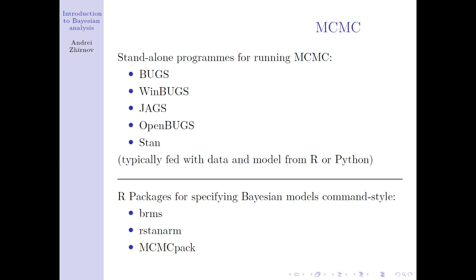You would start with R, use R to prepare your data set and to feed the data and the model into those standalone programs. Once the program is done running MCMC, it will return the draws from the posterior distribution to R, and then you can work with them using R.